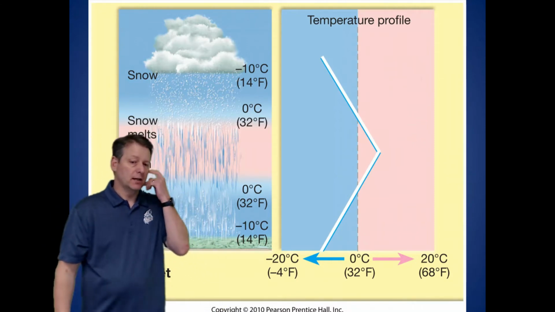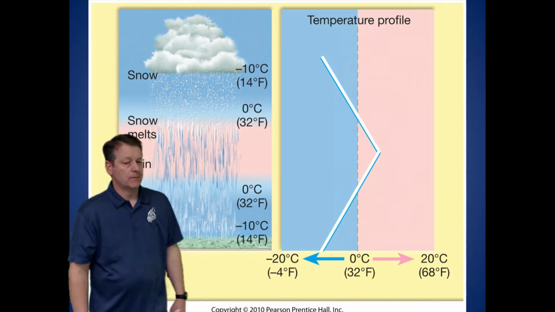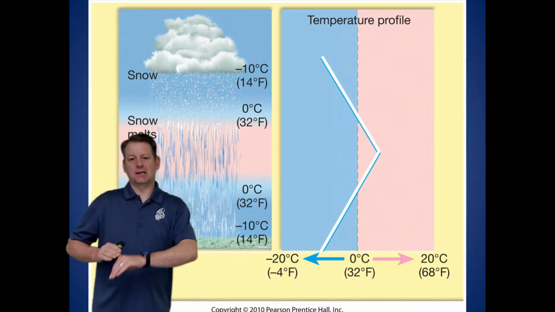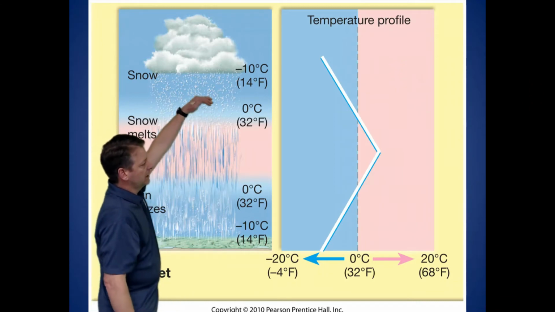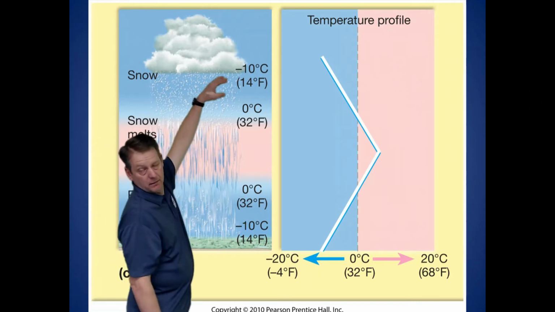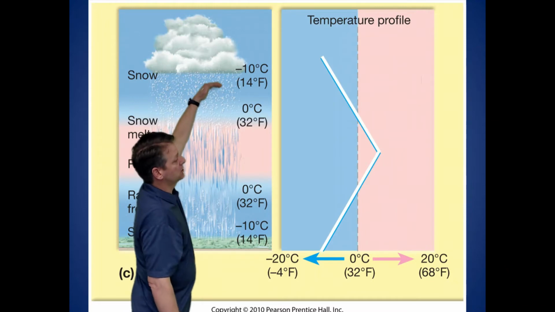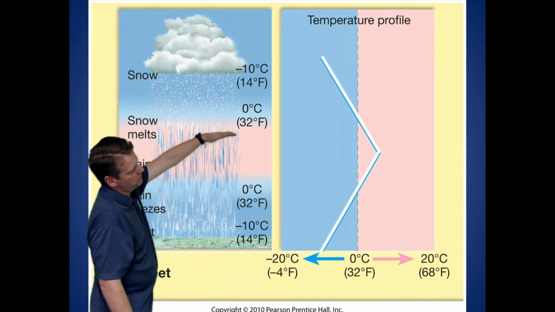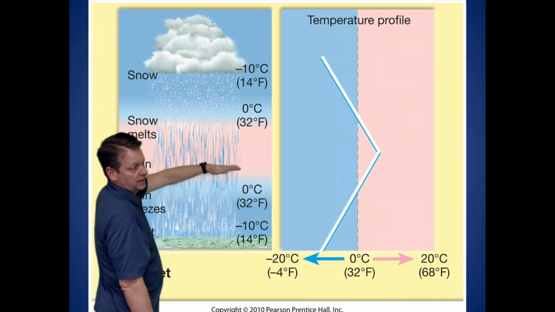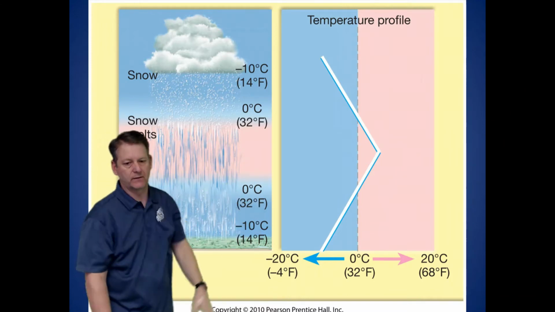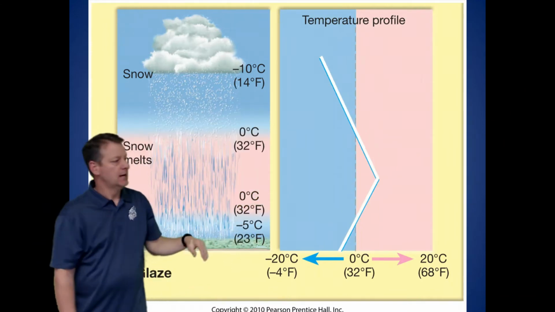Okay, so I want to look at this last one here. What is the difference between sleet and glaze? The biggest thing is, I want you to take a look at the two here. So I have snow that's right here. Watch how far the snow comes down when we get in the glaze. Let's see the difference here. So I'll move forward here. Take a look.